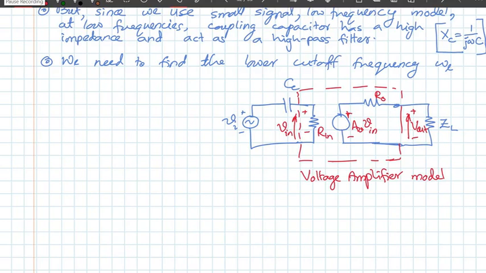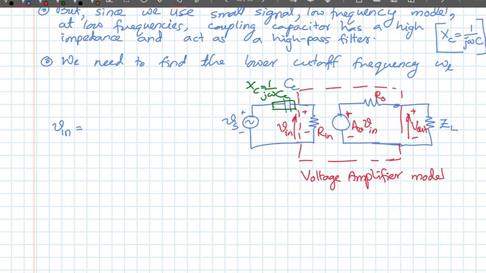Let me write an expression for V in. Let me call this one Vs, the source. So V in is equal to, you can look at the capacitance as an impedance. So the impedance of this is XC, which is equal to 1 over j omega C, where omega is the frequency in radians per second.